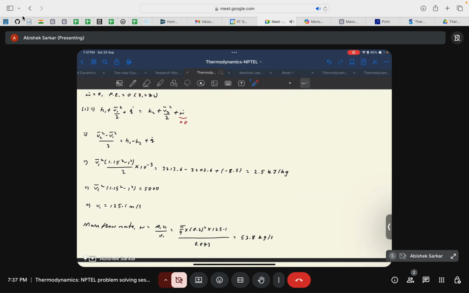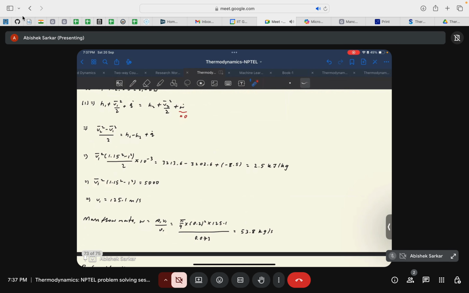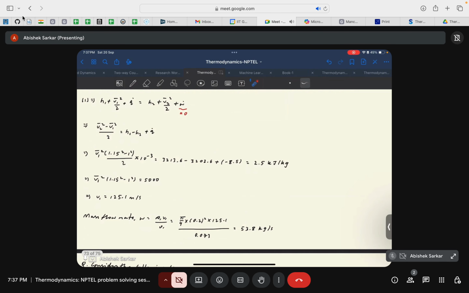If you substitute the value of V2 in terms of V1, you will get V1 square times (1.15 square minus 1 square) divided by 2 times 10 to the minus 3, to make all the terms in kilojoule per second, equal to 3213.6 minus 3202.6. These h1 and h2 values are given, plus q dot, and q dot is minus 8.5 because heat is being leaked out of the system.